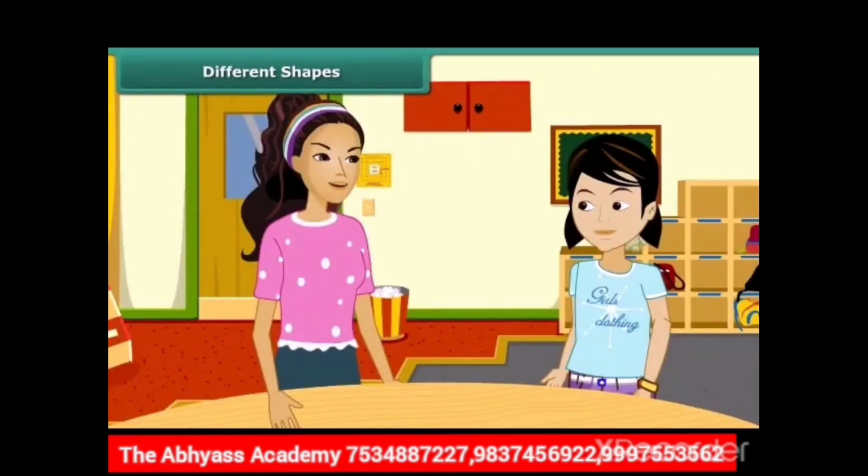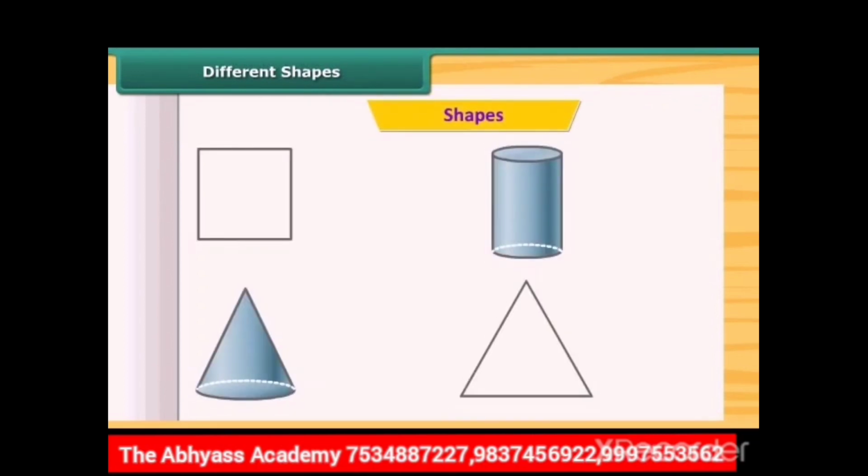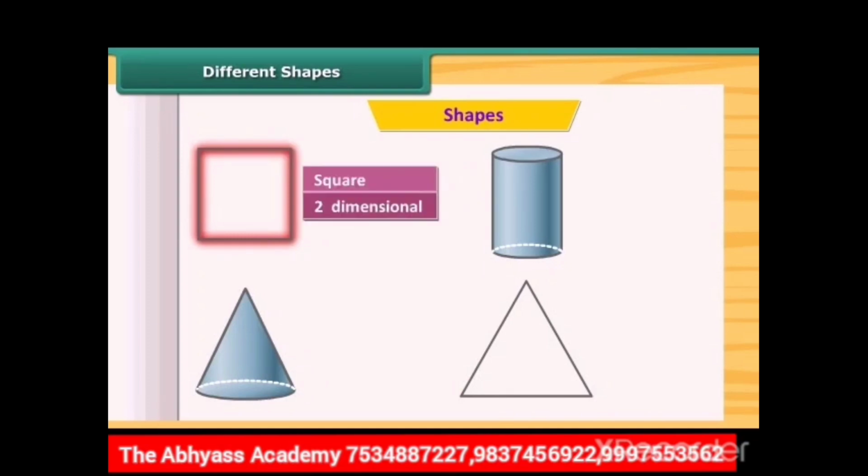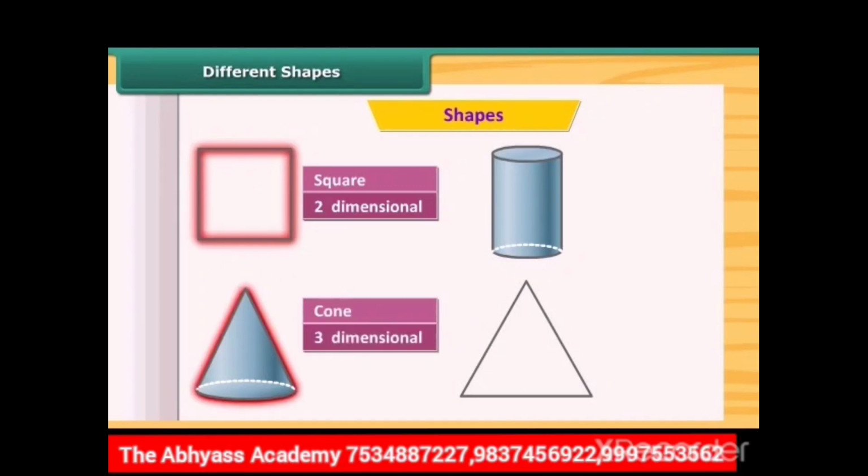Rita, let's play a game now. You know about the two-dimensional and the three-dimensional shapes. I will show you some shapes. You will tell me their name and their type. Okay, I'm ready. These are all the shapes. This is a square and this is two-dimensional. This is a cone and is three-dimensional. This is a cylinder.